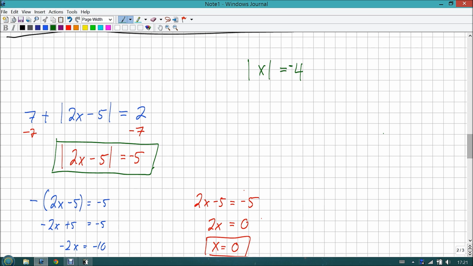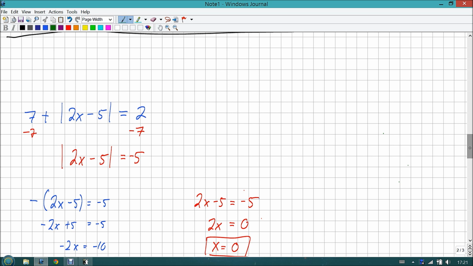Can you ever have a negative distance? Every time you take the absolute value of something, you take away the negative sign. Can that ever give you a negative output? And that answer is no. It can't. You can never get a negative out of an absolute value.